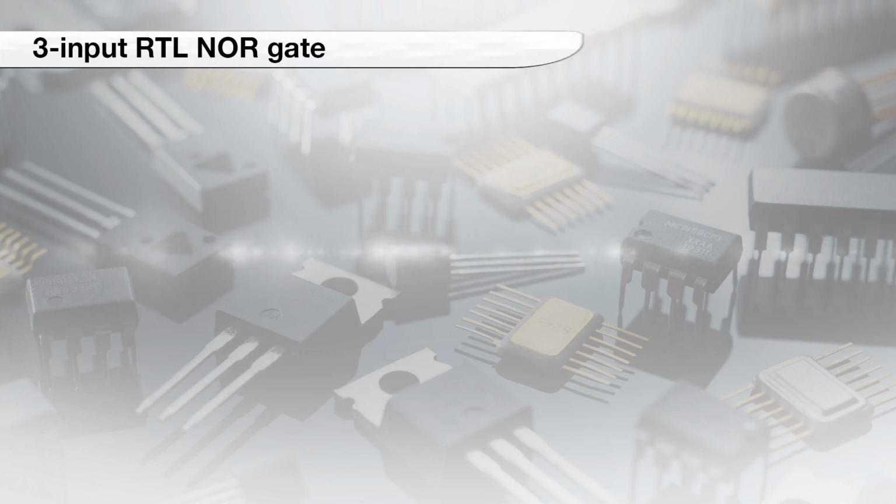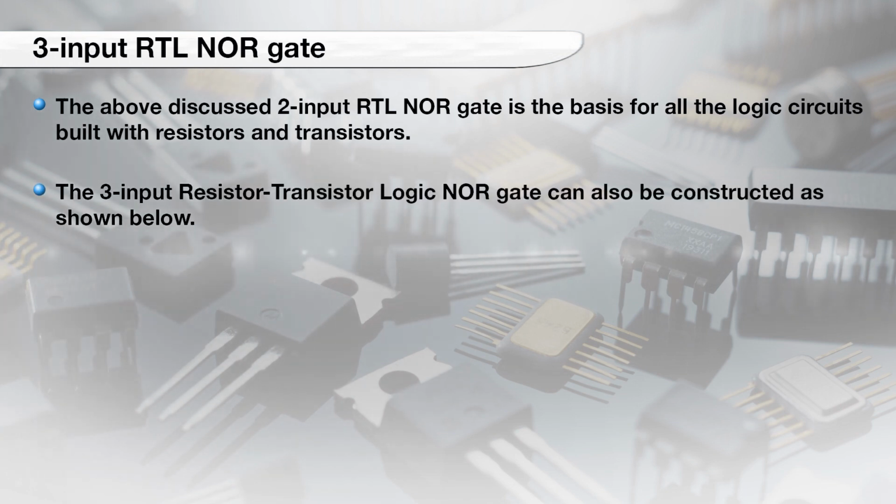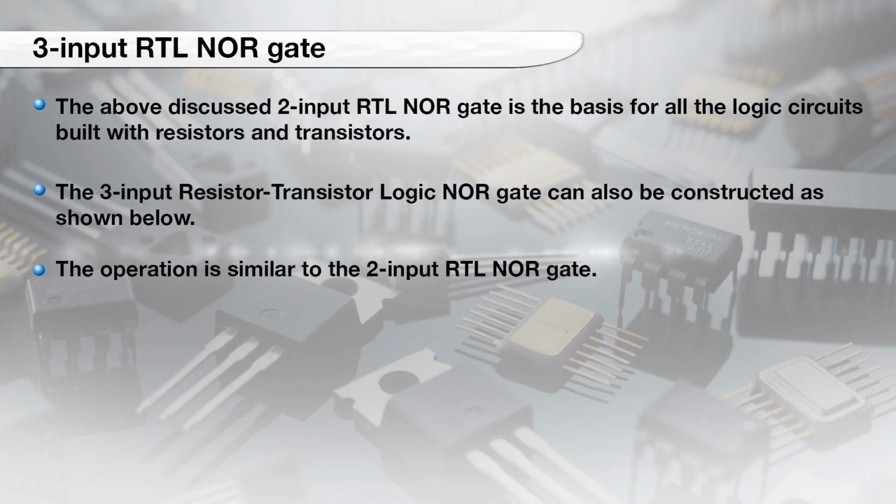Three input RTL NOR gate. The two input RTL NOR gate discussed above is the basis of the logic circuit, built from resistors and transistors. The three input resistor transistor logic NOR gate can also be constructed as shown below. The operation is similar to the two input RTL NOR gate.